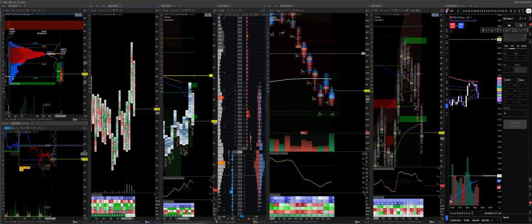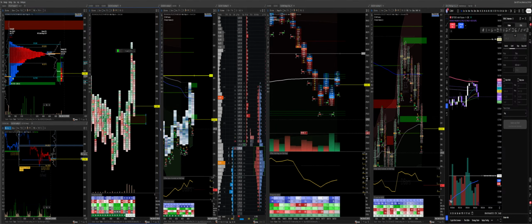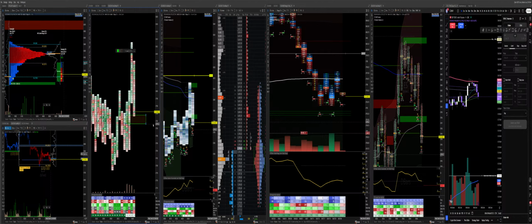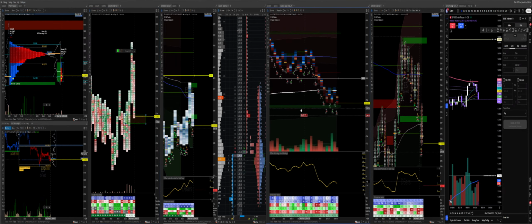But let's see if they test this area, because I think that's what they're looking to test. This area right here. See what they do with it. So it's like 791. See, we got a last stack imbalance.